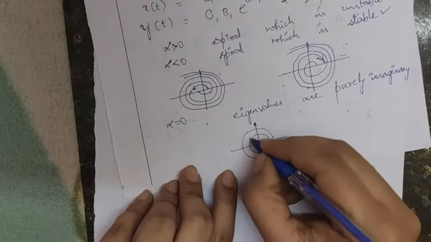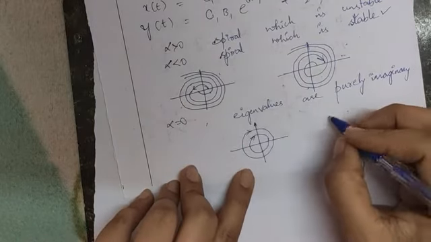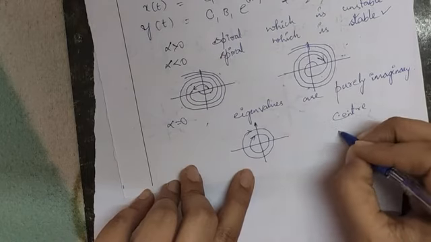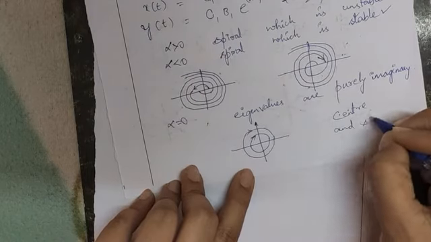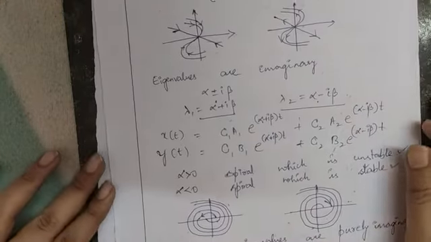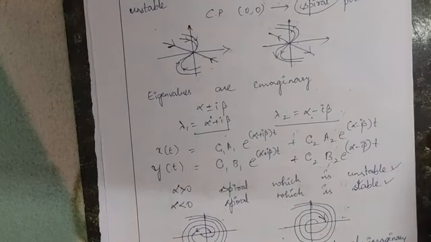Okay, so stable means towards the origin. This is nothing but center and stable. So this is all about the 4 types of critical points and the nature of the critical points for the general linear system of equations. Thank you.